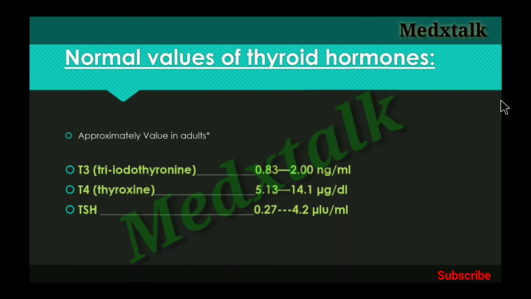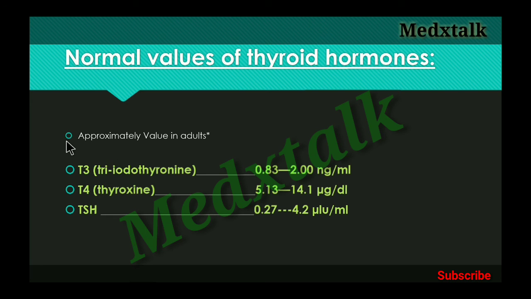Now we describe the normal values of thyroid hormones. These are approximate values in adults. The diagnosis of hyperthyroidism is made by clinical and laboratory findings.